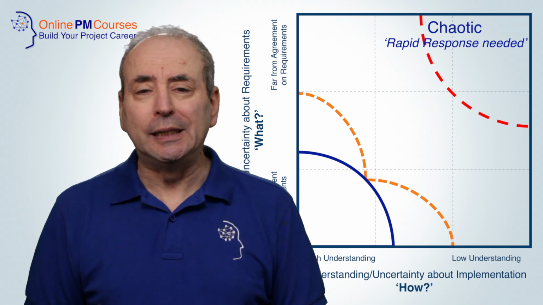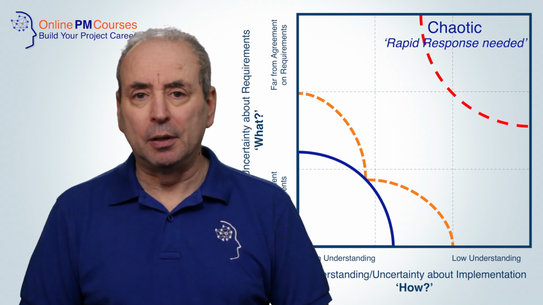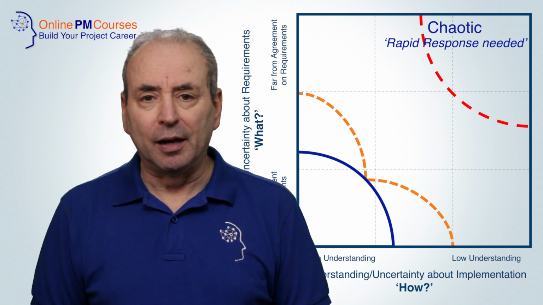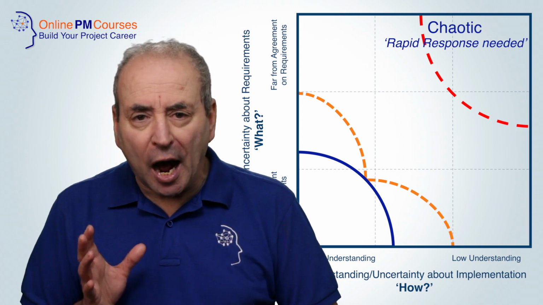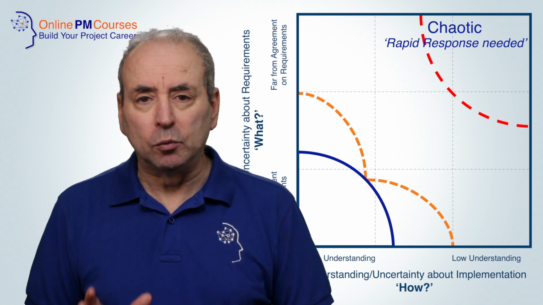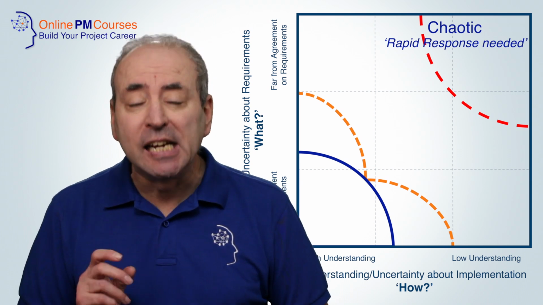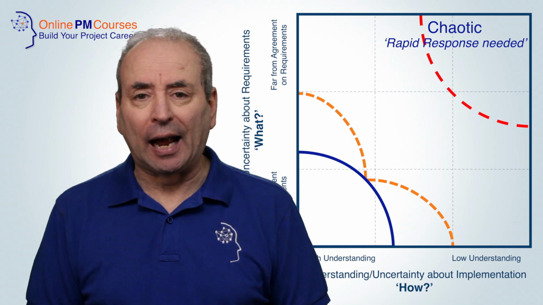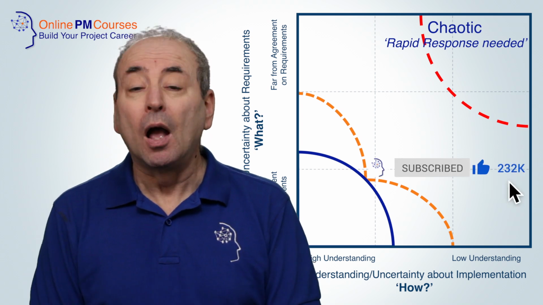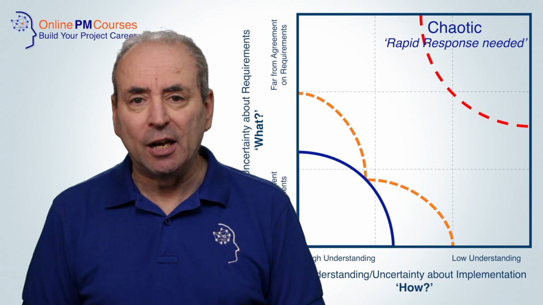At the far extreme of our Stacey Matrix map, we have an area which is far from an understanding of what the stakeholders want and need, and also one where we lack a clear understanding of how to deliver it. We can think of this as a chaotic zone.